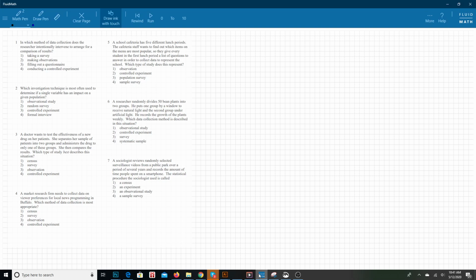The first question says, in which method of data collection does the researcher intentionally intervene to arrange for a comparison of results? The options are taking a survey, making an observation, filling out a questionnaire, conducting a controlled experiment.